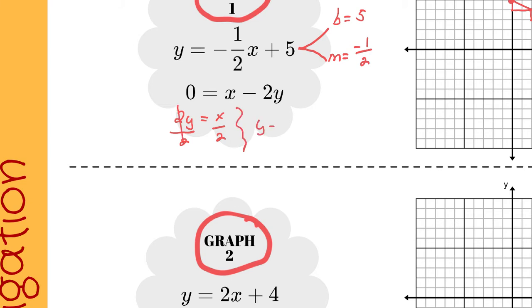And you get y equals x over 2, which can turn into y equals 1/2 x. There's no b, but you can put in 0 as a placeholder. So now with this equation, you've got b equaling 0 and m equaling positive 1/2.